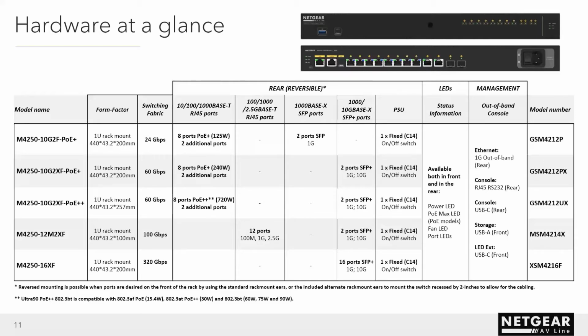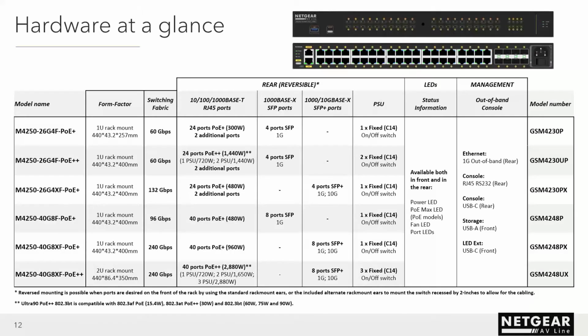So this is the first generation, the September wave, with the 8 ports, the 12 and the 16 port fiber switch. But what you want to see today, of course, is the second wave, because now we at last have those higher port counts with 24s and 48s. And see, the table is confusing.